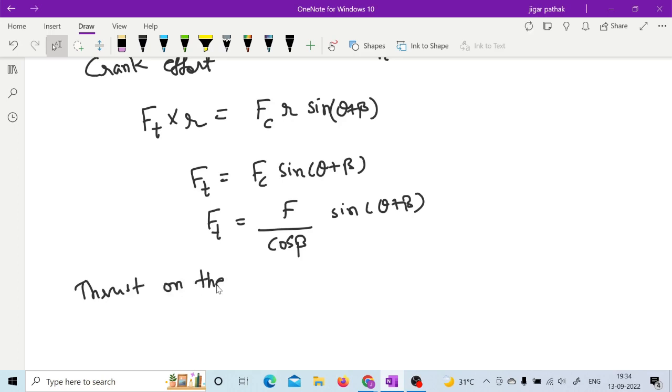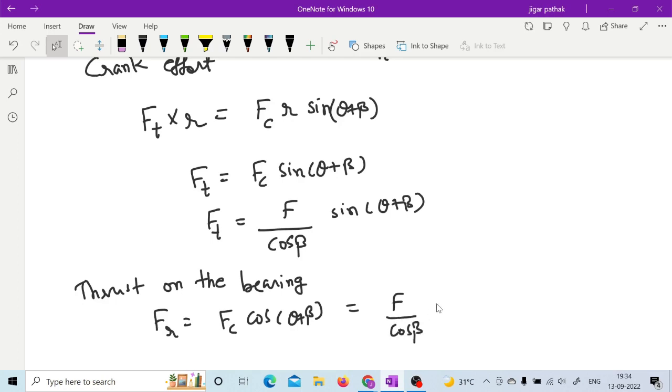Thrust on the bearings. So thrust on the bearings, this Fr can be calculated as Fc cos theta plus beta, right? So from the geometry it will be clear that Fr is equal to Fc cos theta plus beta, where again Fc can be written as F upon cos beta, right?